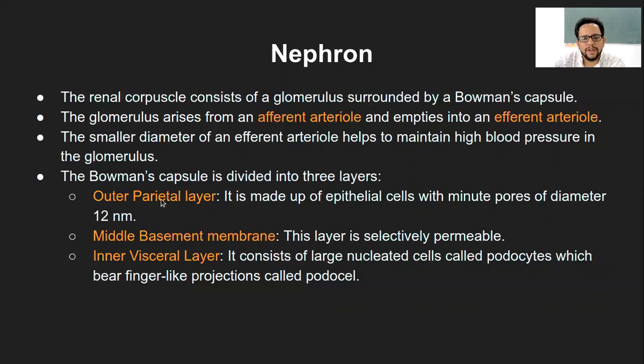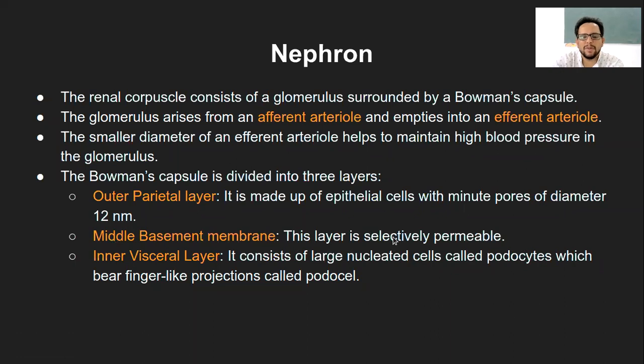So that was the outer parietal layer, which is the outermost layer, and it has certain pores of this 12 nanometer size. Again, you need not remember this, but you just need to remember that it is a porous layer. Then the middle basement membrane is just selectively permeable.